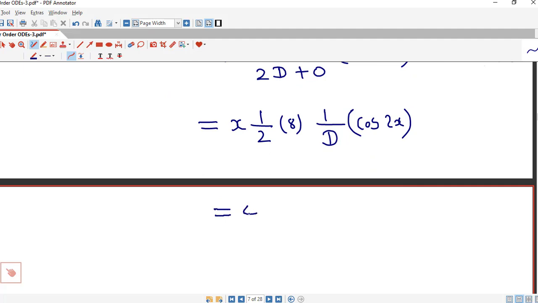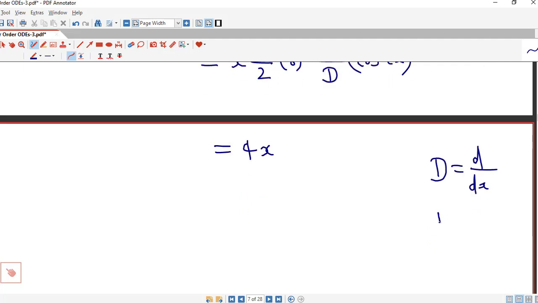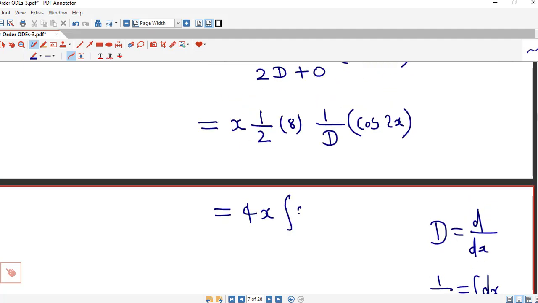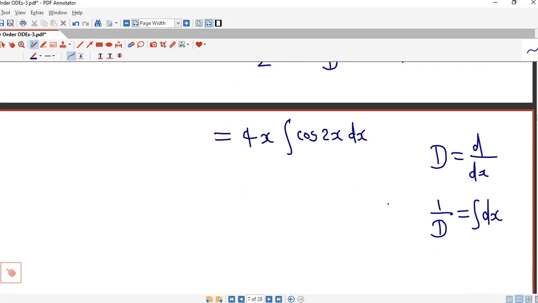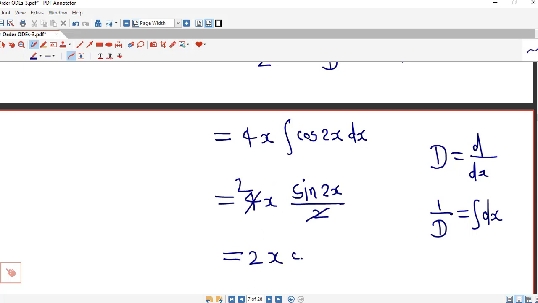So this is 4x. Now D stands for derivative, so therefore the reverse of D stands for integral. So 1 over D means integral of cosine 2x with respect to x, and the integral of cosine 2x is nothing but sine 2x divided by 2. So this 2 will cancel out, and we have 2x times sine 2x.